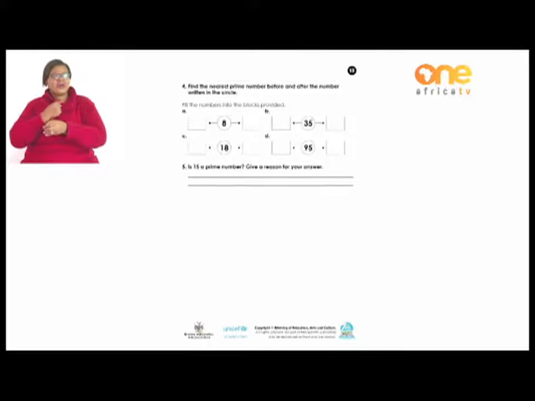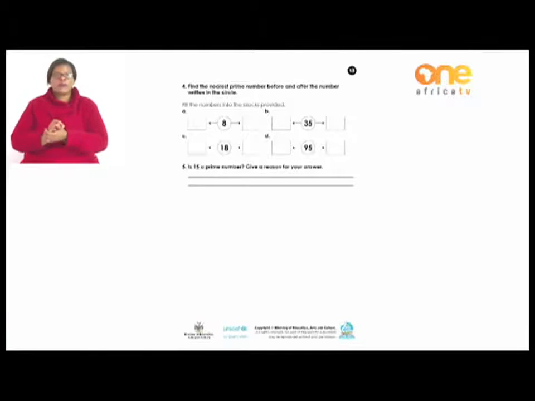Why? Because 9 is not a prime number. Because the factors of 9 are 1, 3, and 9. So it's not that we are looking for odd numbers here. We are looking for prime numbers. So just be vigilant on that one.